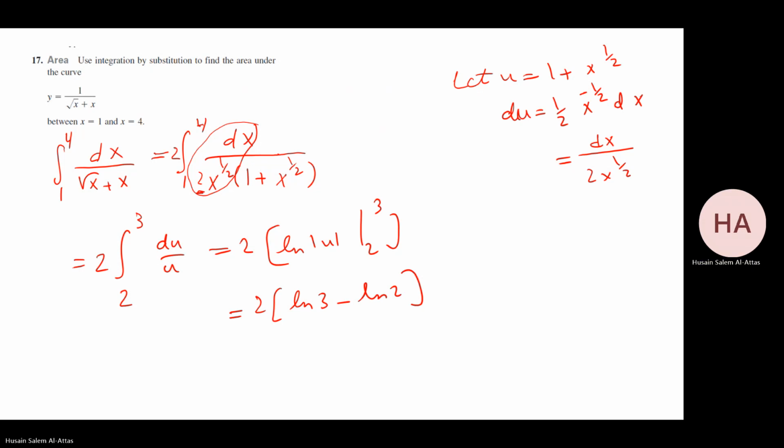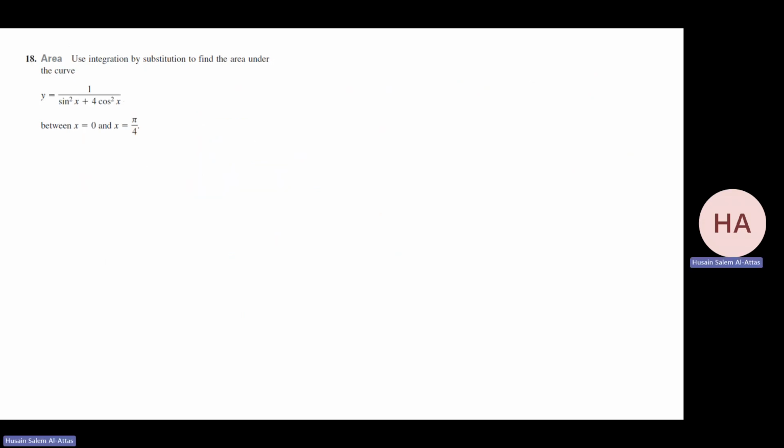Okay, this one: 1 over sine square plus 4 cosine square. I need to find the integral, the area, from 0 to pi over 4. Because it's positive, there's nothing to worry about.